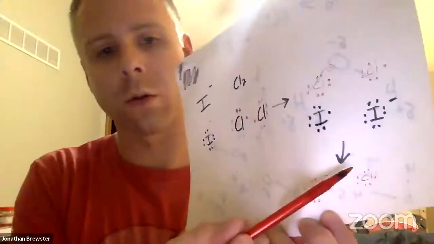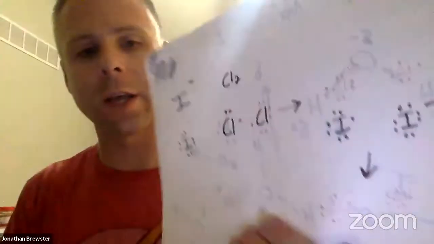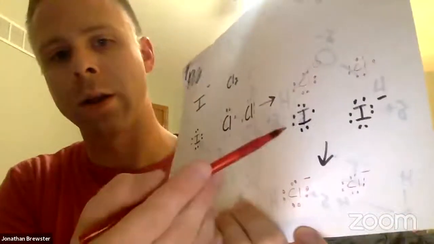Now we have essentially used two iodines to give electrons to our two chlorines. And our chlorines now have the full octet, got the electrons because they like them better.